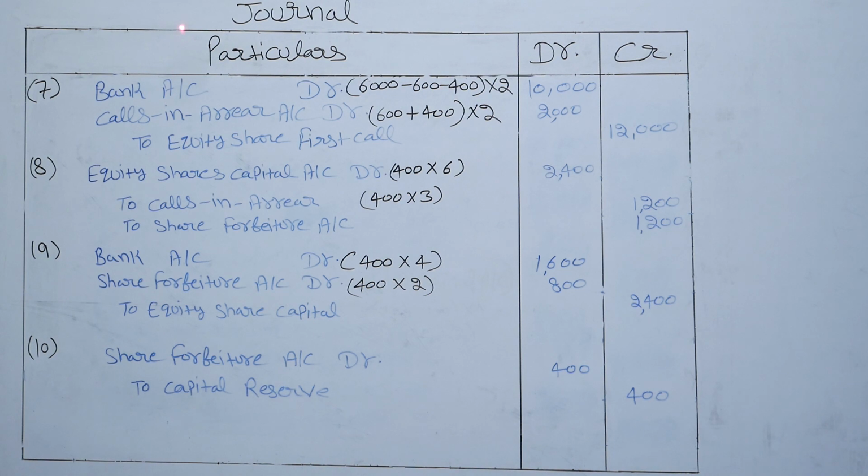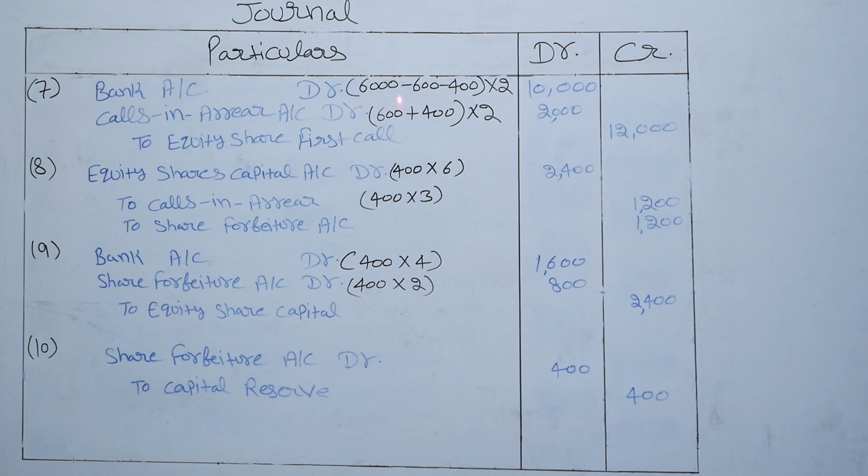Next entry on receipts of share first call money. So entry is bank account debit, calls in arrear account debit to equity share first call. So total number of share was 6,000. Out of 6,000, on 600 and on 400 shares we did not receive first call money.